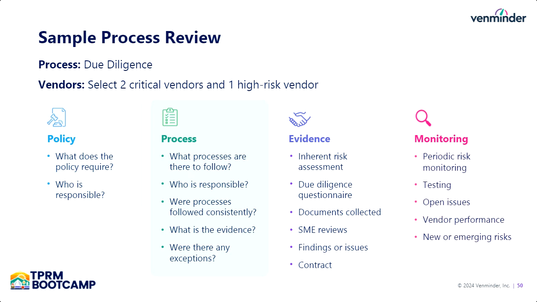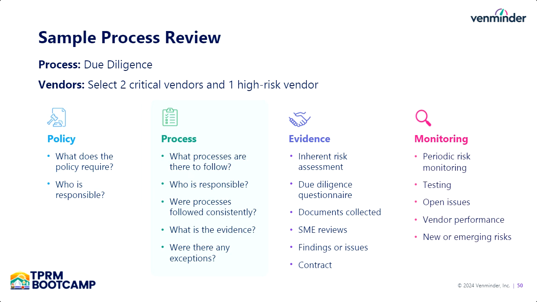Just to give you an idea of what that self-audit might look like, here's a sample process review. You'll see that we're only looking at the process of due diligence. In this case, you might want to select just 2 critical vendors and 1 high-risk vendor for the review. First, you would look at your policy to see what the requirements are and who's responsible for performing each step of the process, such as requesting information from the vendor and reviewing and documenting the findings.